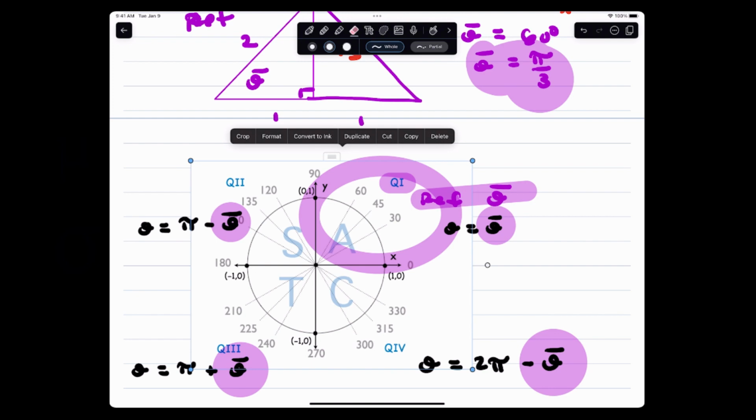Anyway, all right. Okay, so let me do something here. So essentially we're going to have positive pi over 3 and negative pi over 3.